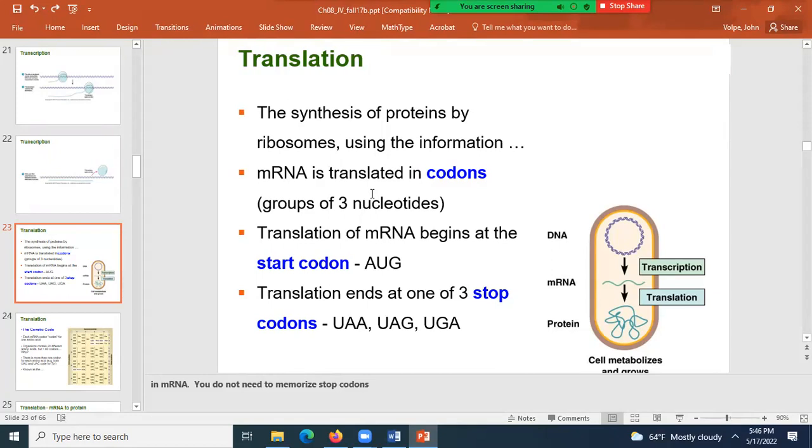Messenger RNA is translated in groups of 3 nucleotides, and so 3 nucleotides code for 1 amino acid. And this we call a codon.